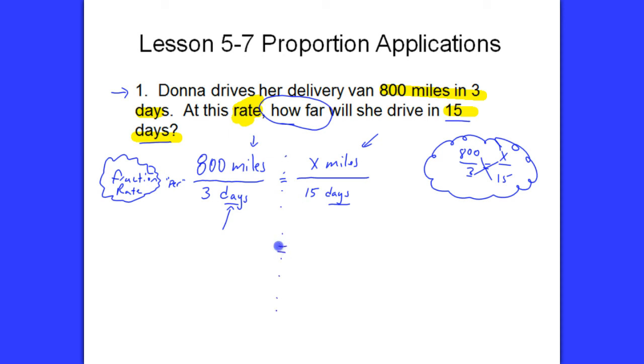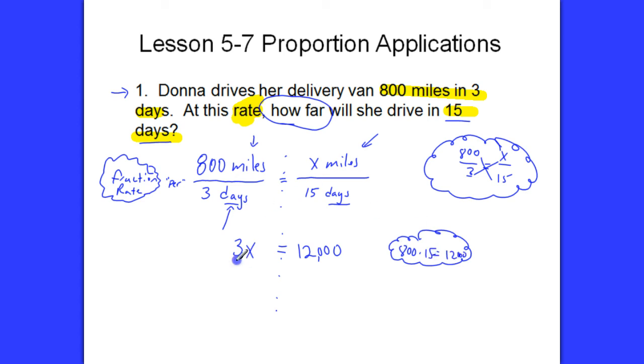Put another equal sign. 3 times x, 3x is equal to 800 times 15. All right, so grab your calculator, work out 800 times 15, and that's 12,000. You can double check me on that if you need that in your notes.